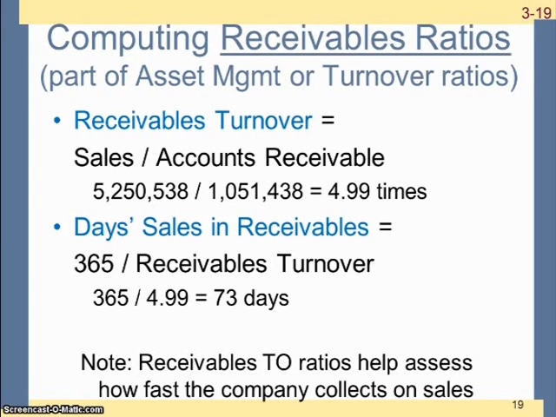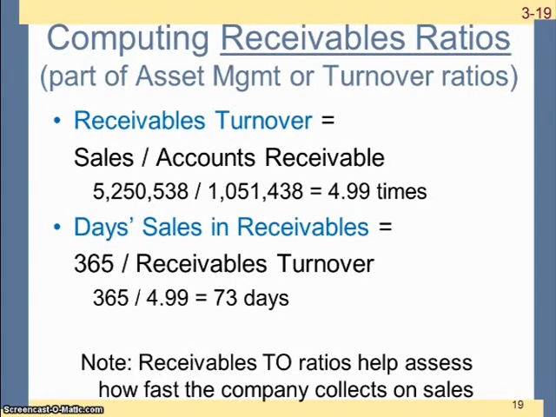Days sales in receivable. If you want to convert the receivable turnover figure into days sales in accounts receivable, just divide the receivable turnover amount into 365 or 360 days, depending on the question.